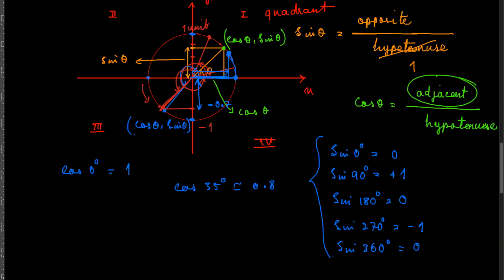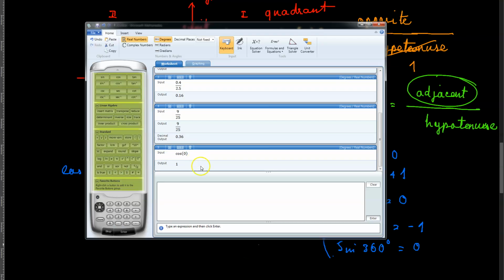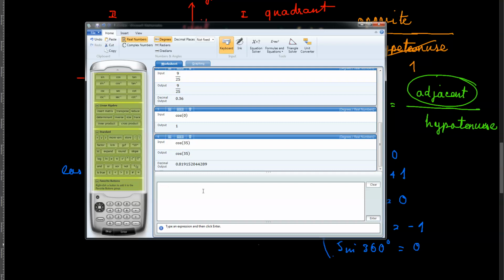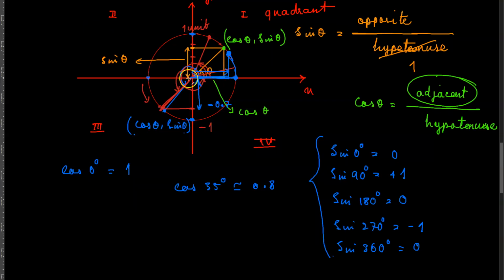Now we can check that, of course, meaning that I can write the cos of 35 degrees. As you can see, it's 0.8. You can very easily tell these things based on this unit circle.